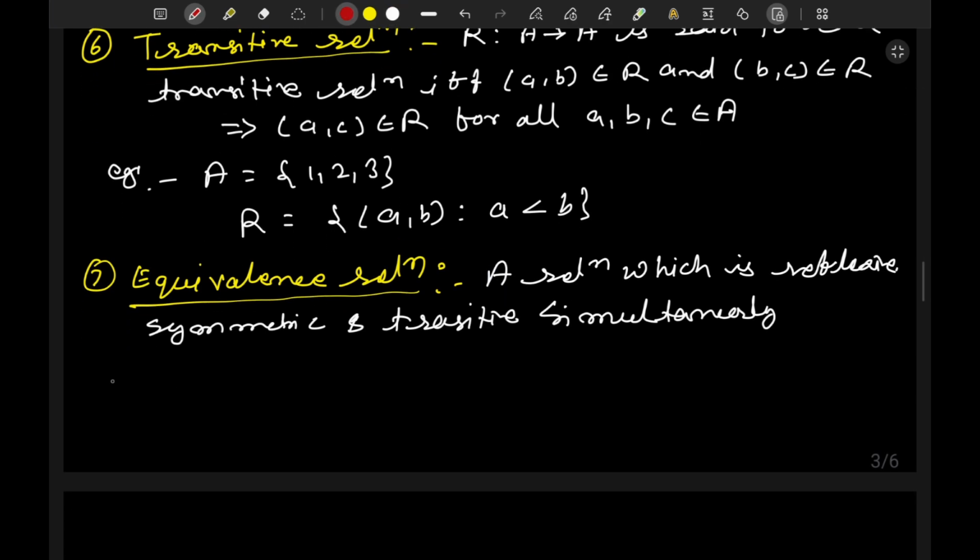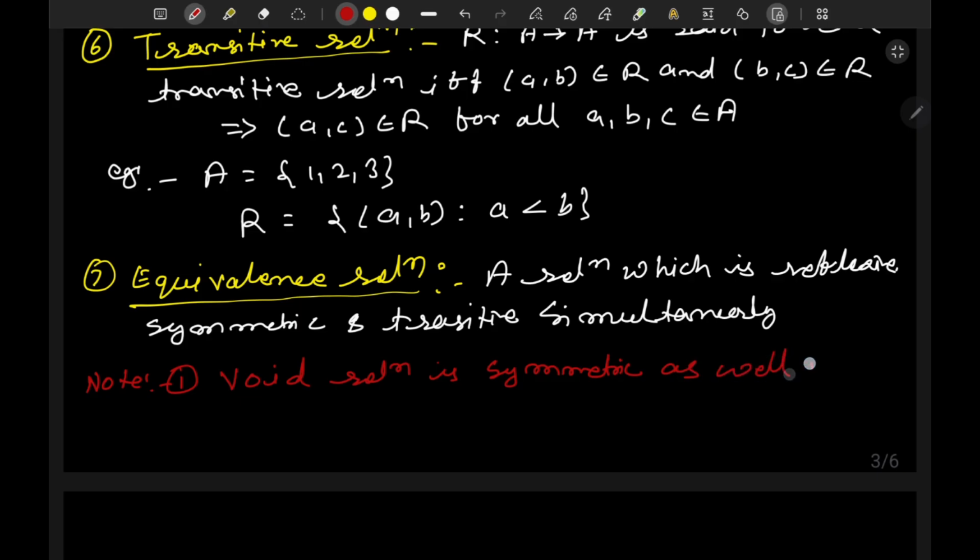Now some notes. The empty relation is symmetric as well as transitive but not reflexive.